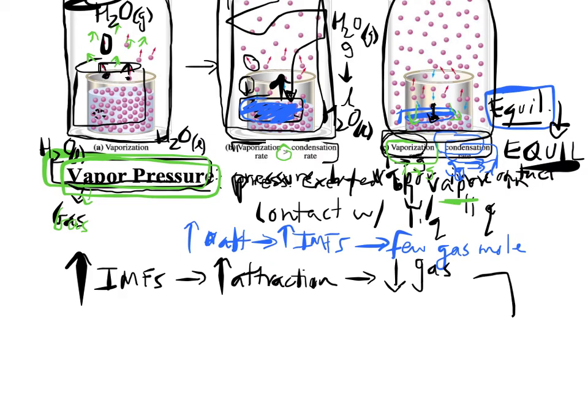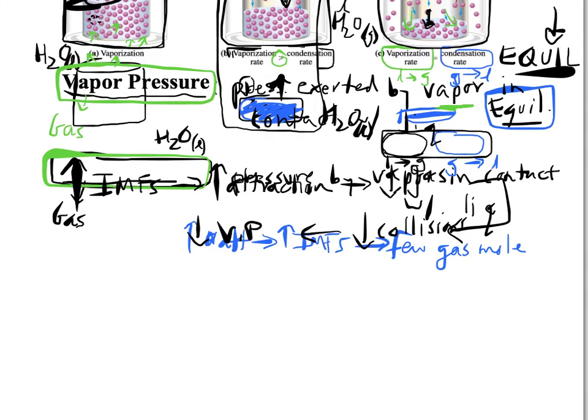So if there's fewer gas molecules, less vapor, that means we're going to have a decrease in collisions between the vapor and the liquid. And if we have fewer collisions, that means we have a lower vapor pressure. So the idea, in a direct one-step linear term, if we can condense all this, is if you increase the intermolecular forces of a substance, you are going to decrease the vapor pressure of that substance.